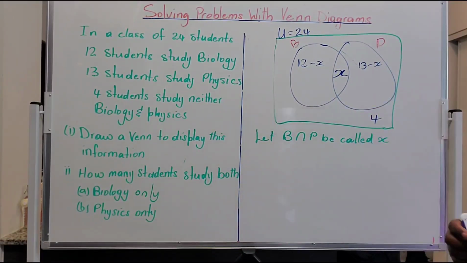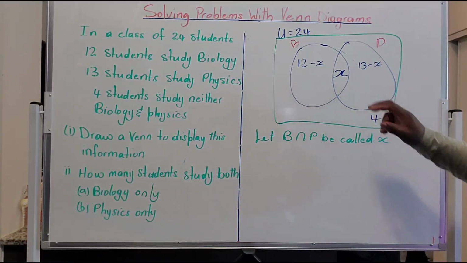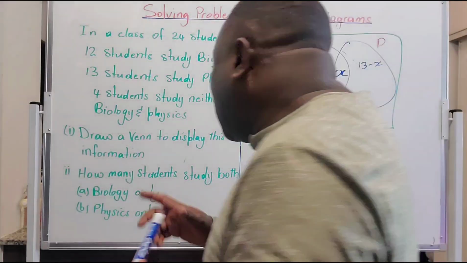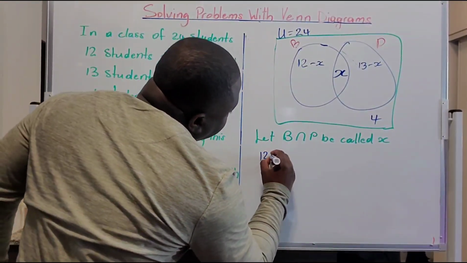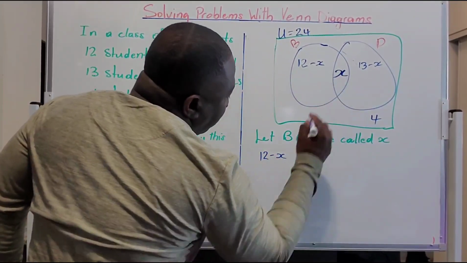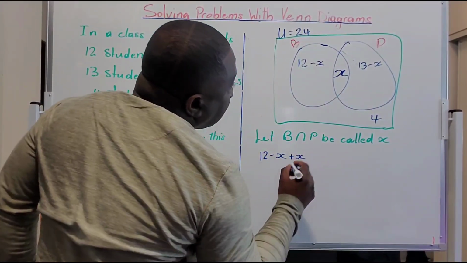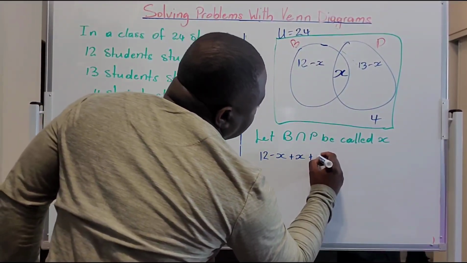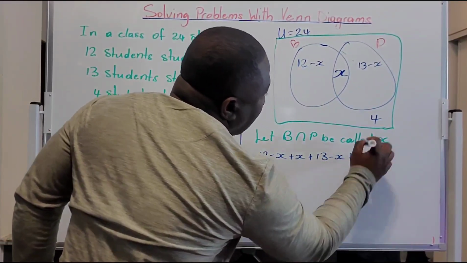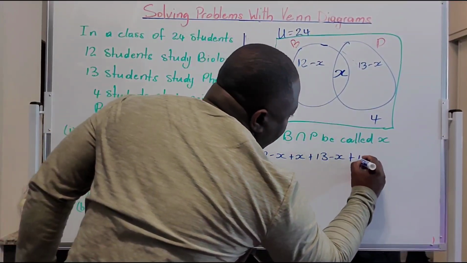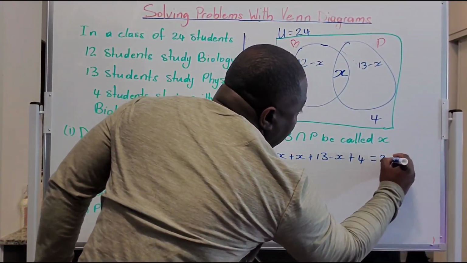So what we can do is to use this bit of information now to create a linear equation. 12 minus X, this is positive, plus X, plus 13 minus X plus, guys, we're accounting for this 4, all equal to 24.